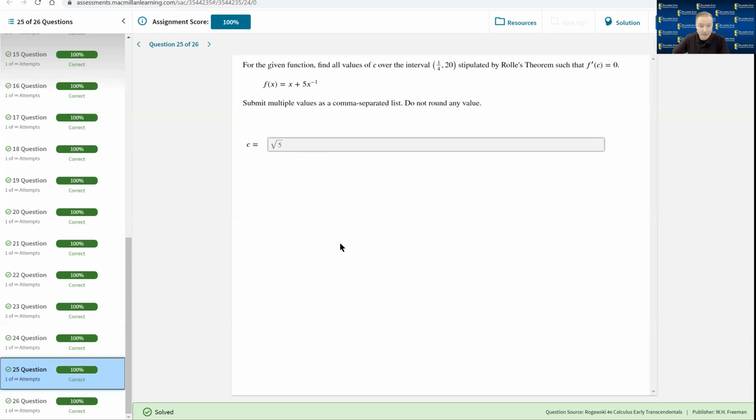So it's asking us to show Rolle's theorem is verified for the function f of x equals x plus 5x to the negative 1. Now, unfortunately, Achieve doesn't have you do out the whole proof. It just has you find the value of c that shows Rolle's theorem works in this particular example.